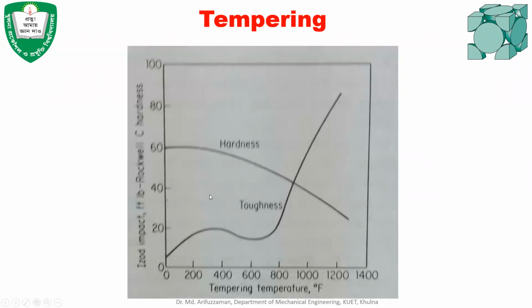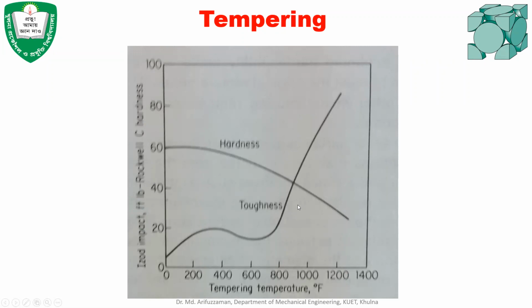So this is the diagram that shows how hardness is lost with temperature. When you increase the tempering temperature, the toughness increases up to a certain point and then starts to decrease, and then again it starts to increase, but hardness continuously decreases.